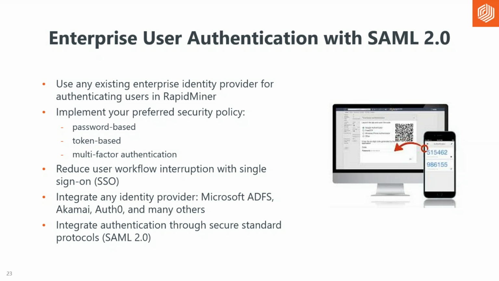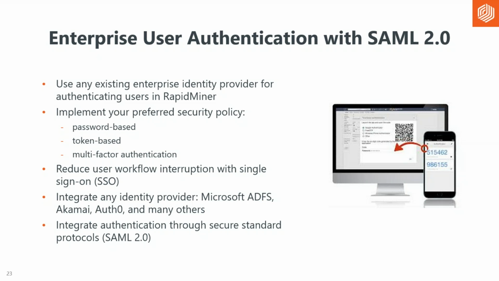Well, the benefit is that each company can implement their own preferred security policy. That could be that users are asked to just enter a username and password. That could mean that they need to enter a token they got from somewhere. That could even mean that there is now a multi-factor authentication.